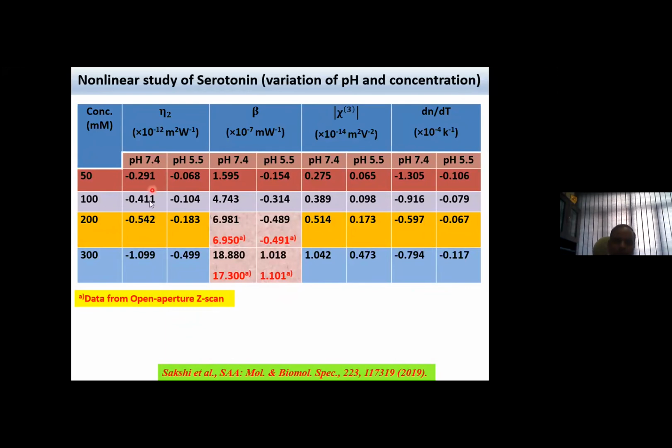So always, when you increase the concentration, the nonlinearity increased, and in different pH values the trend continued. However, as I said, in the acidic medium the strength of nonlinearity is lower, because of the protonation effect. Now, if I look at the structure of serotonin, the protonation cannot take place at these 2 points because oxygen is more electronegative than nitrogen.